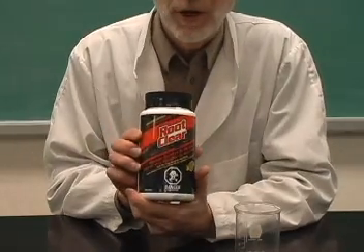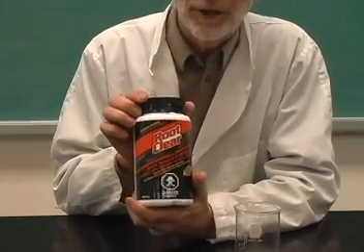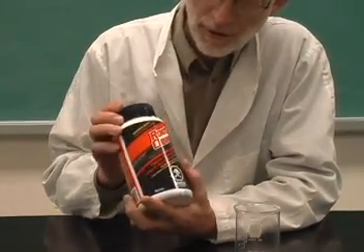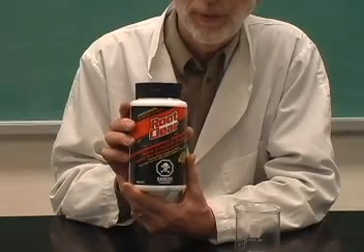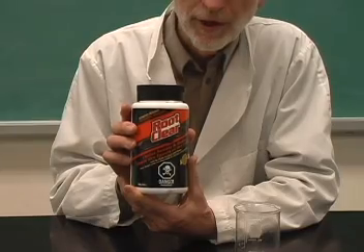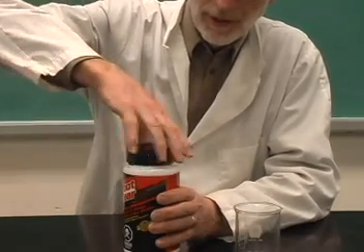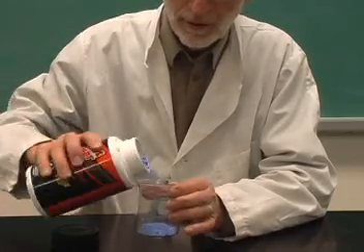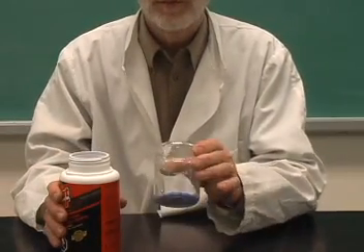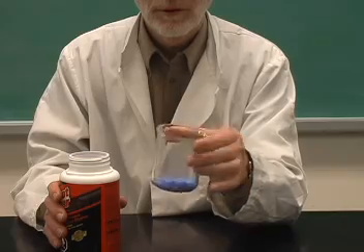Here's a commercial product that contains copper sulfate as a principal ingredient. This is known as root clear, used for killing roots that may be penetrating drains. So if you open that up a minute, pour a little bit into here, and you can see that it's a blue crystal.